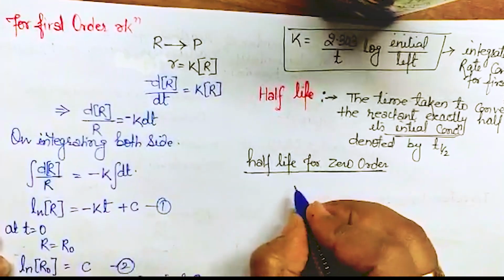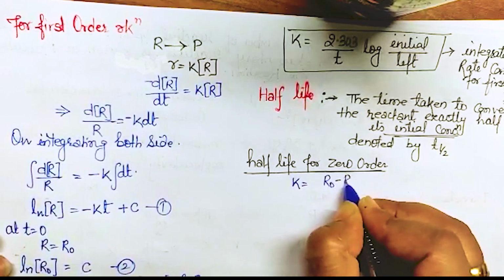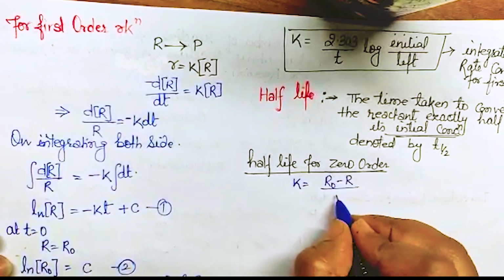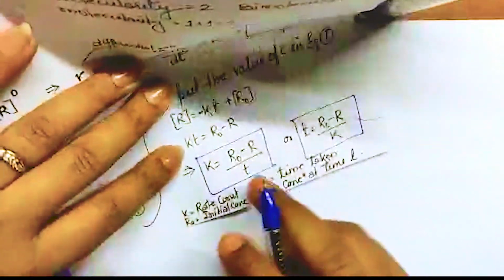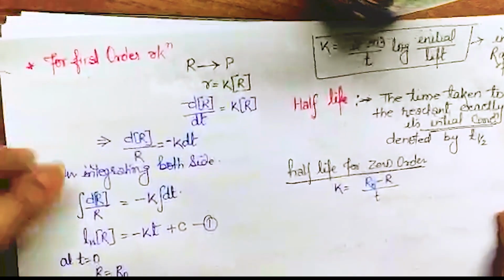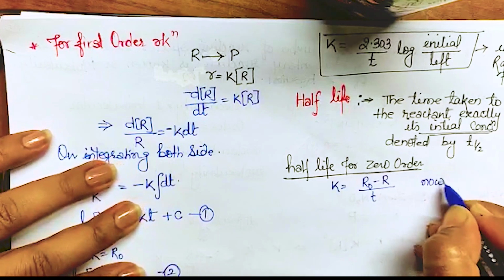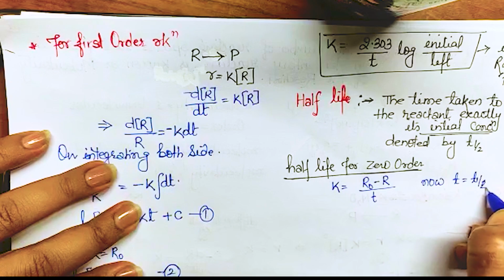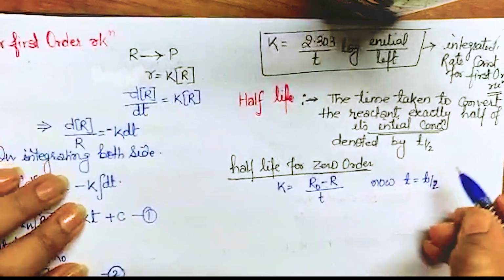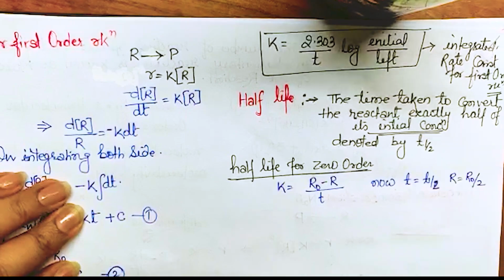The formula we have done yesterday, K is equal to initial minus final, that is left, upon T. You can check this. Here we got this, isn't it? So now if T is equal to T half, then obviously this R will be half of initial, isn't it?